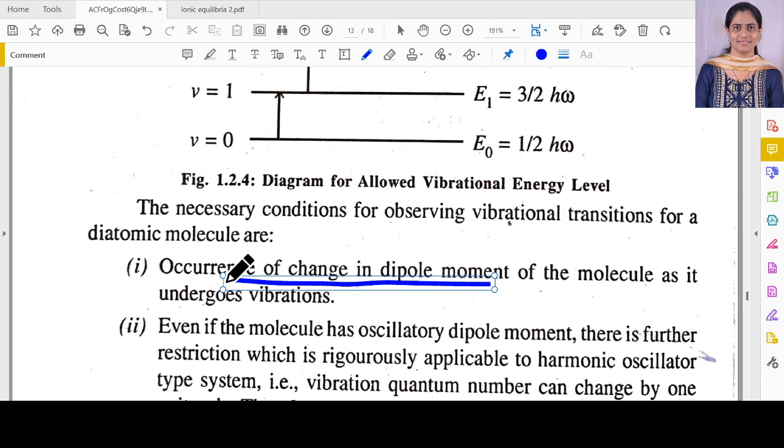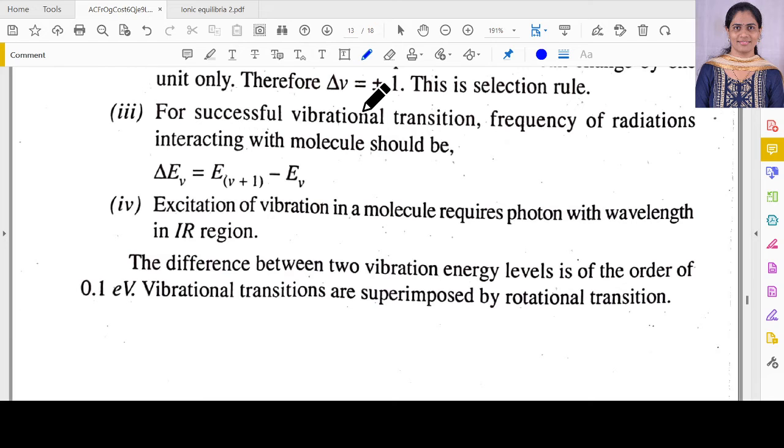CO2 initially does not have a dipole moment, but once you keep it in IR light, it shows a dipole. Then the selection rule is delta nu equals plus minus 1, and the energy is now a little greater than rotational, it is 0.1 electron volt.